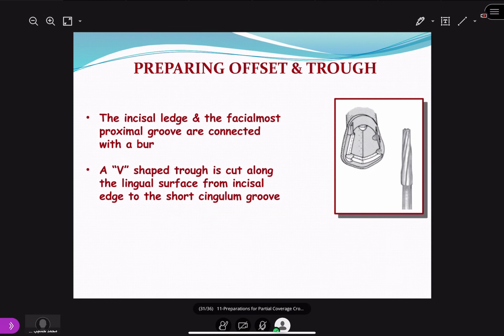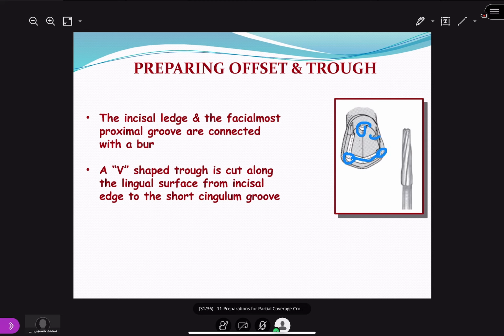So now prepare the offset. When you have done with the proximal groove, proximal flare, and the ledge around the area of the pinhole, then you prepare the incisal offset, as you see in this picture. This area is the ledge preparation, and these are the proximal grooves.